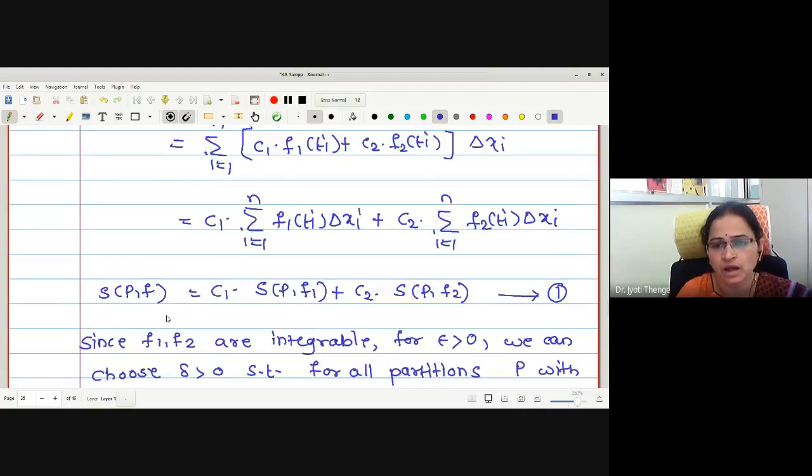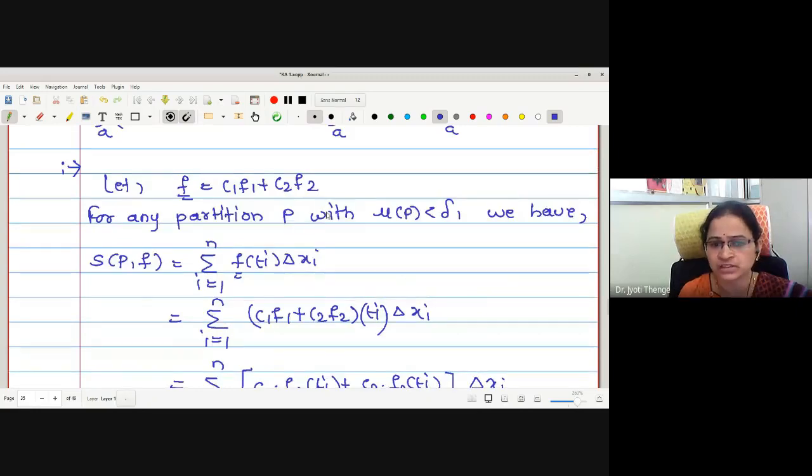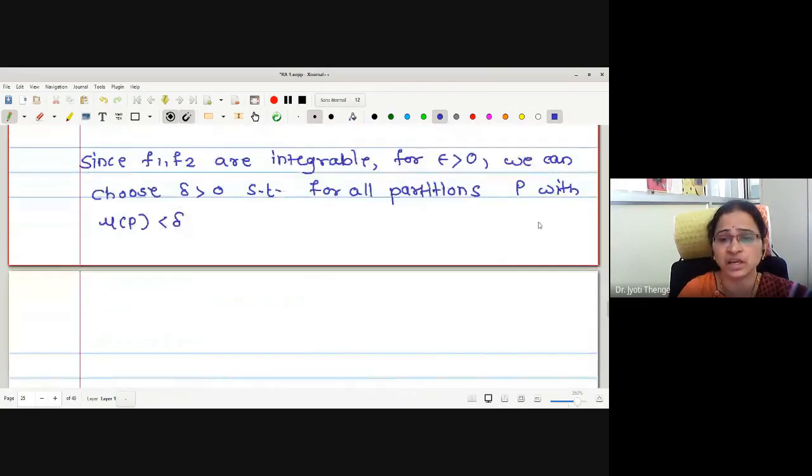Sorry, here it is not necessary to write that. Whenever we are writing integrability, then we will impose the condition norm P less than delta.